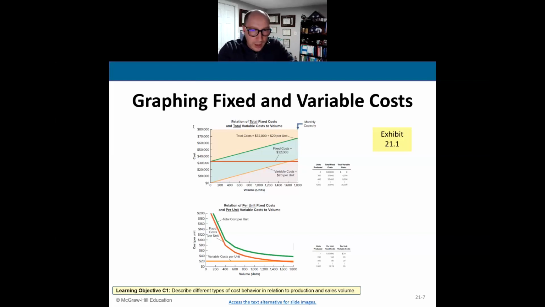Now, as we mentioned, the variable cost per unit is $20. So regardless of the number of units, the variable cost per unit is $20. So on a per unit basis, the variable costs remain the same.